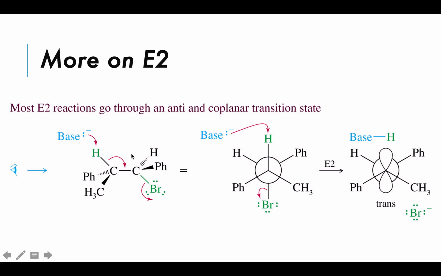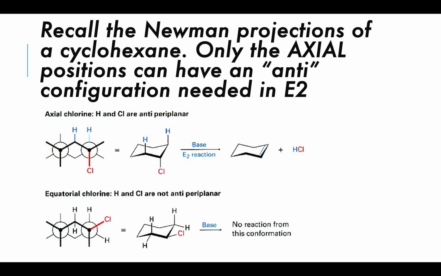So again, more review. Special notes on the E2 reaction. Since you do need an anti-periplanar position, let's say you have a cyclohexane system. The only way to achieve that anti-periplanar position is when your proton and your leaving group are both in an axial position.